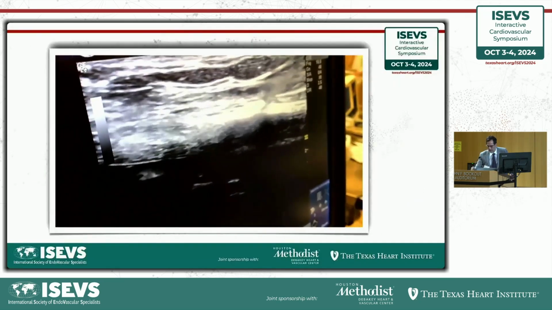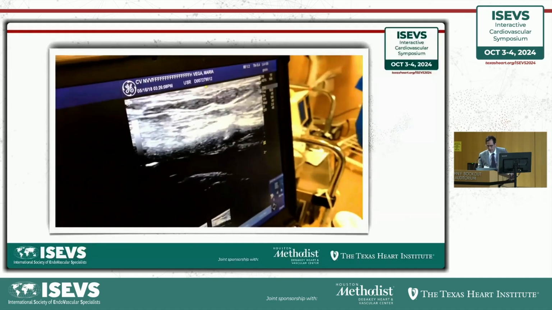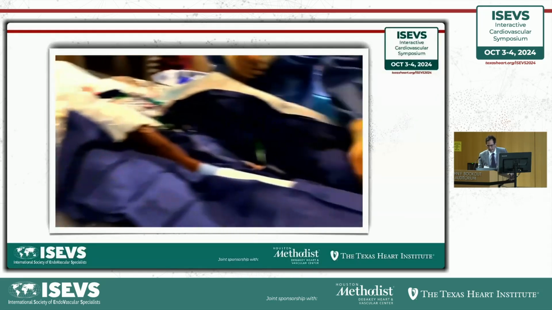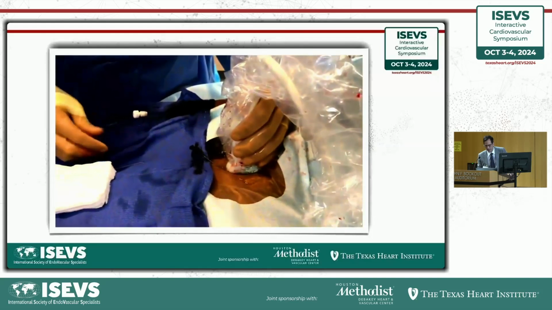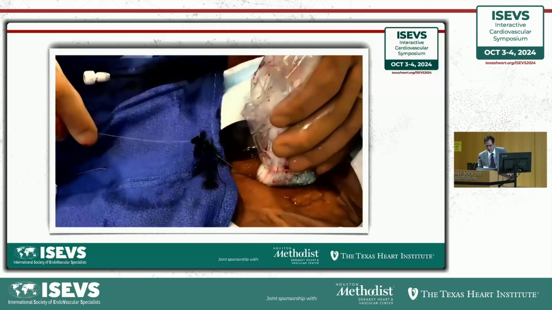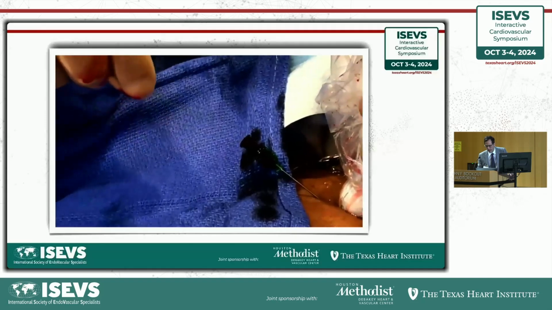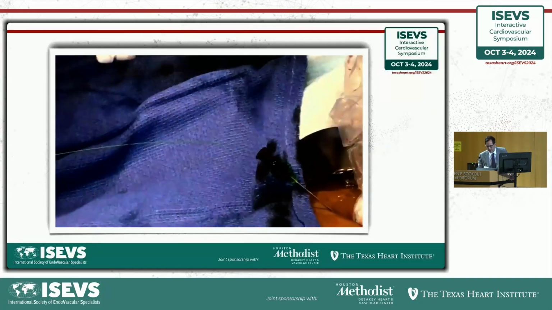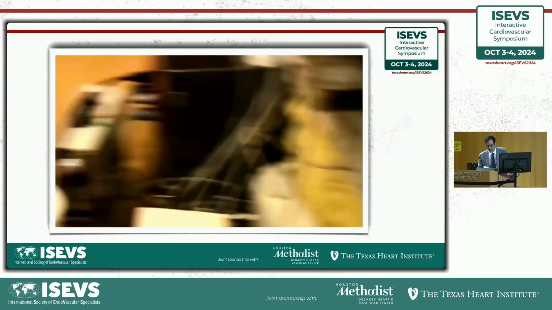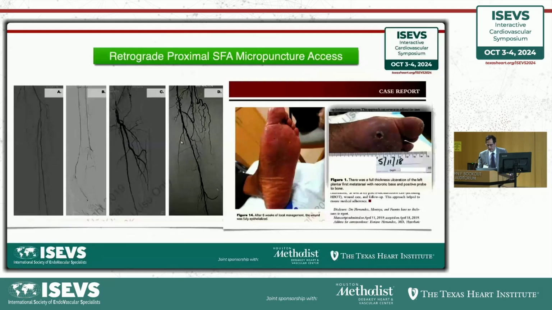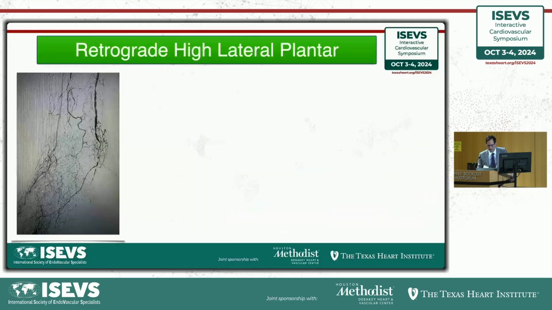Just getting acquainted with hand-eye coordination wire. I don't have a tech to ultrasound while I'm wiring, so I do everything myself. But with a little bit of practice, this is a wait-tip wire for a calcified proximal cap occlusion, and I was able to advance the wire retrograde into the sheath and recanalize the vessel.